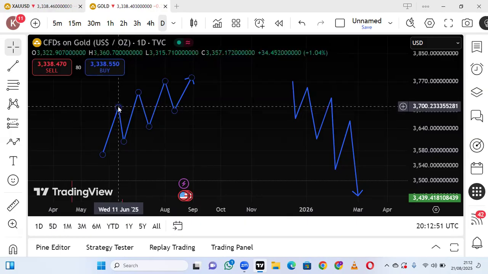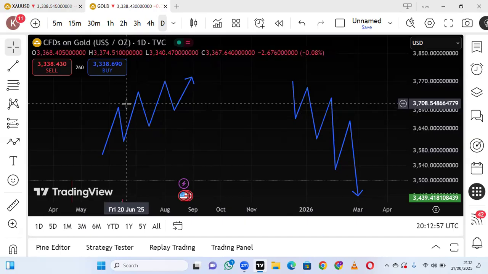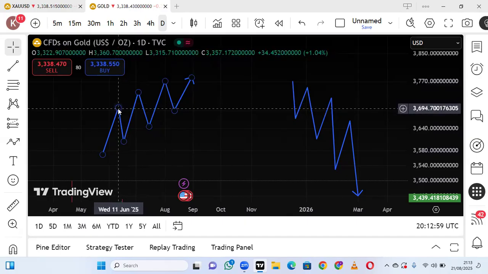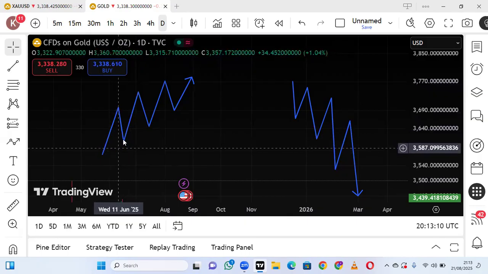This is the external structure here. Let's say this was not printed yet, and this was the first external. And then the retracement back to this point is coming down to the fair value gap.